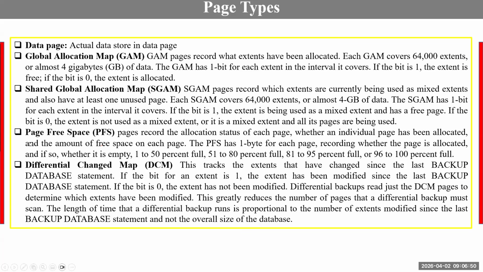First, let's understand the PFS page. PFS stands for page free space. Usually every database stores free space information. As I told you, the page header stores the free space information: how much got allocated and how much is free.